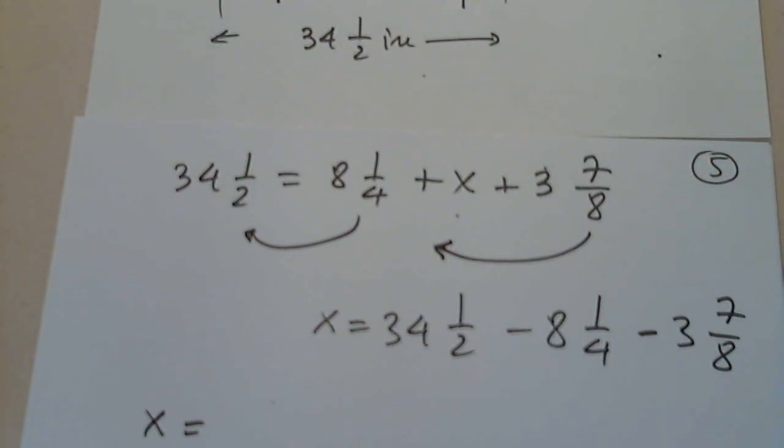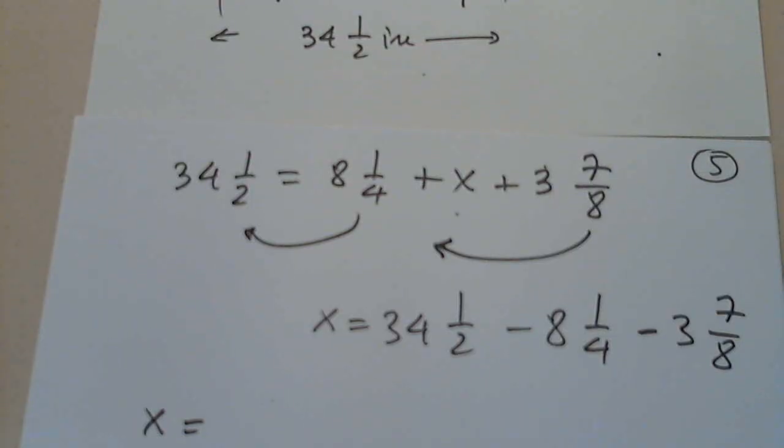Do we put the integers in? Or, because it's addition and subtraction, we have two options. We either put the integers in, or we split it into addition and subtraction of fractions and integers. What would you like?